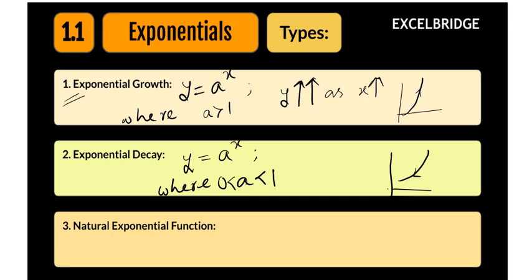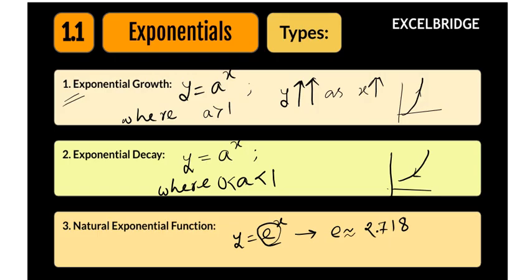The value will not decrease rapidly, but it will decrease. Now see the natural exponential function, which is y equals e power x, where e is a constant. The value of e is 2.718 something, you can google it for the exact value.